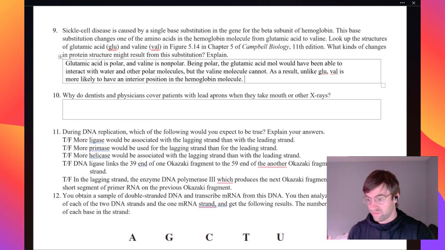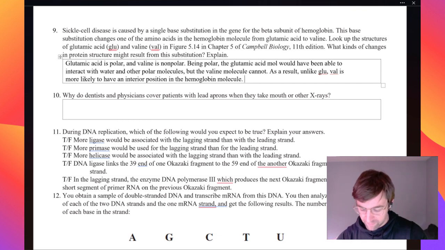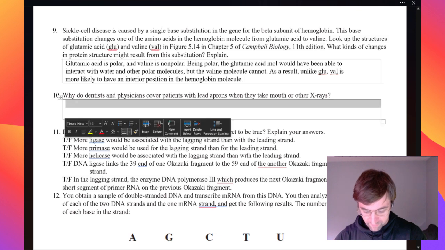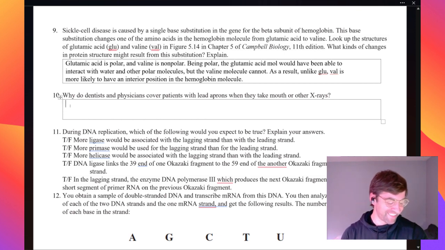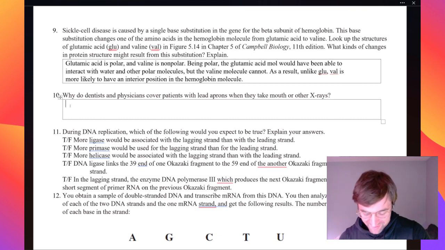So valine behaves very much the same way because it is a nonpolar molecule, and lipid tails, being made of nonpolar molecules, behave so.